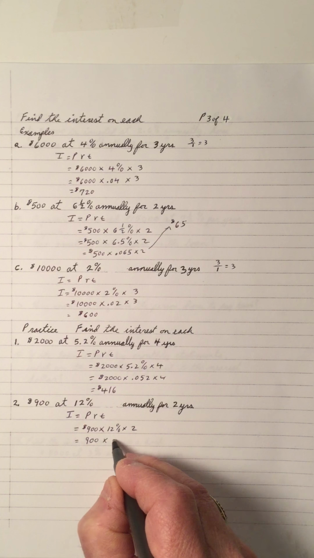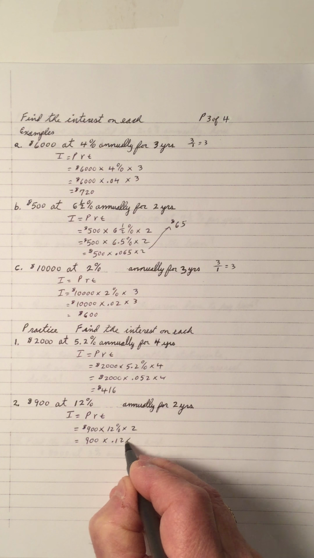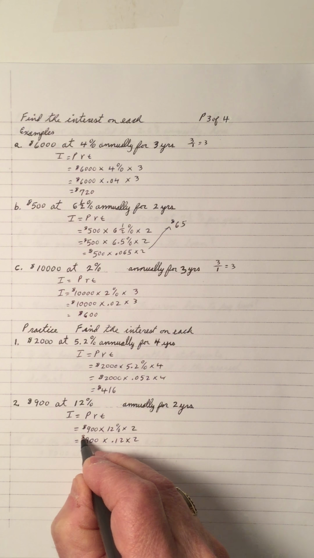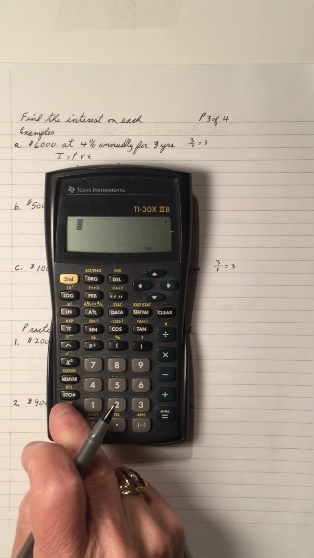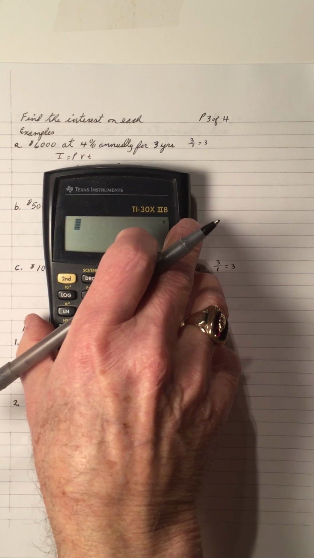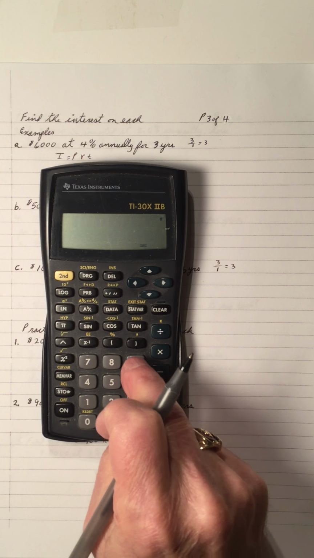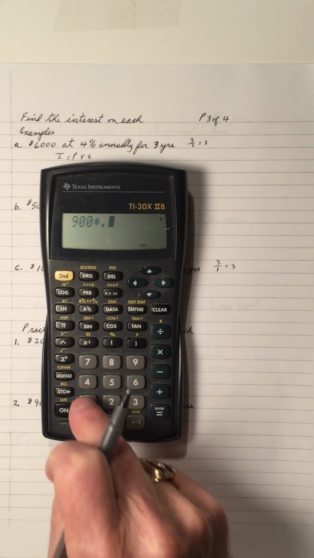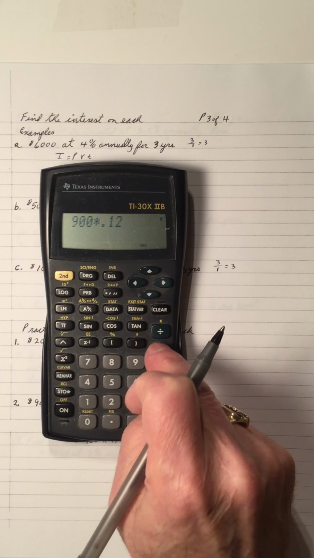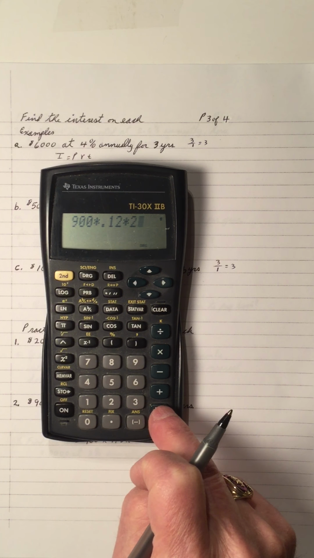$900. 12% is decimal 0.12 times 2. So 900, let's use our calculator again. And we go 900 times decimal 0.12 times 2.